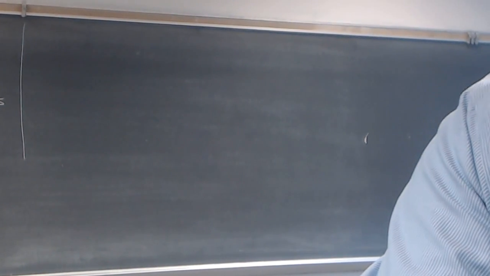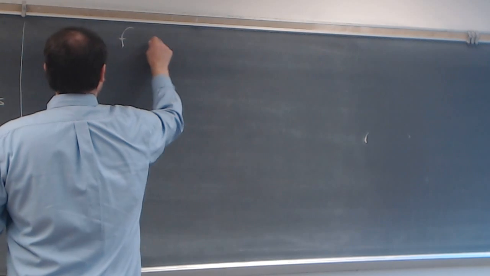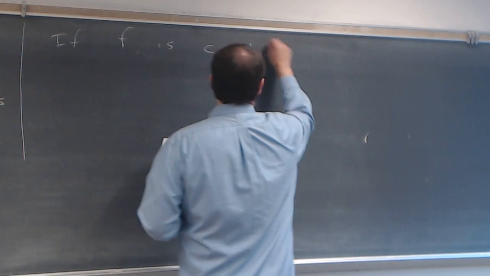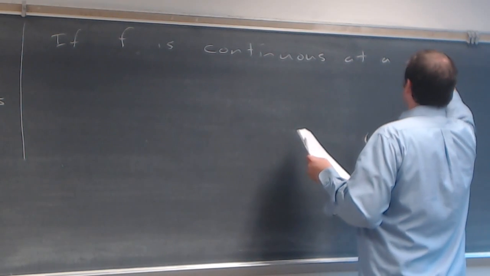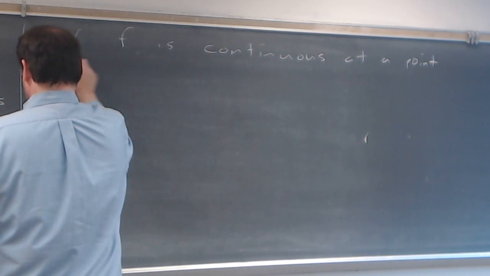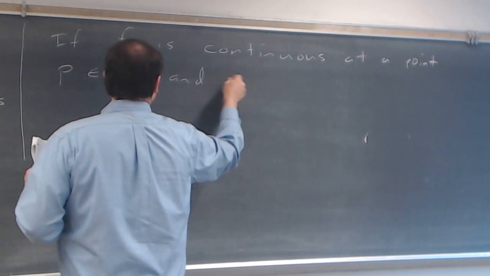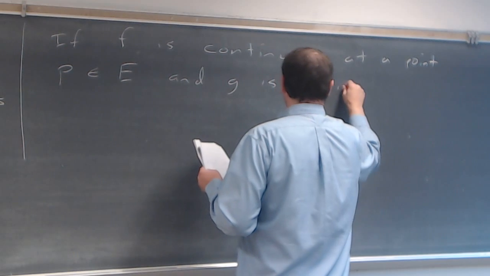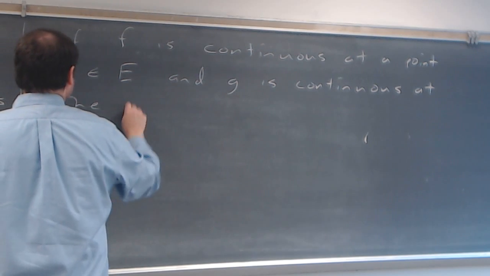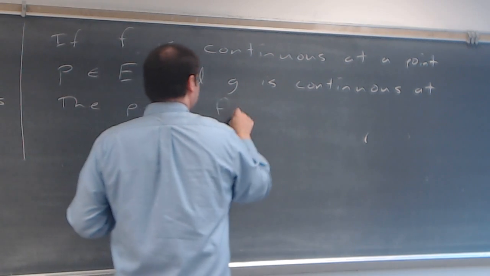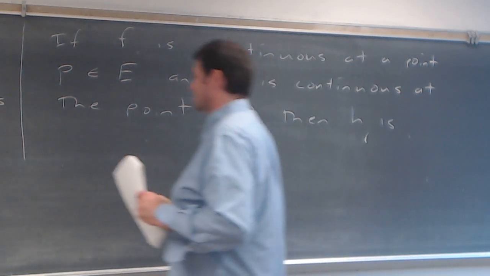So, still part of this theorem, if F is continuous at a point P in E, and G is continuous at the point F of P, then H is continuous at the point P.